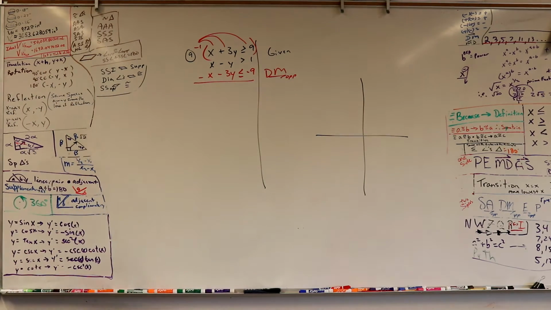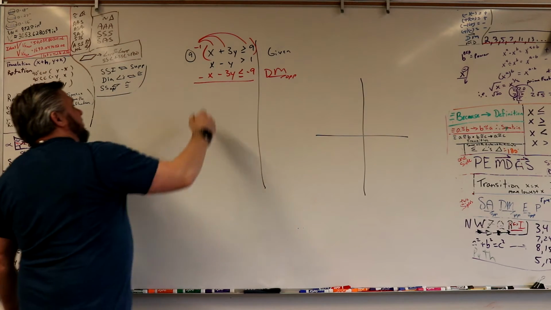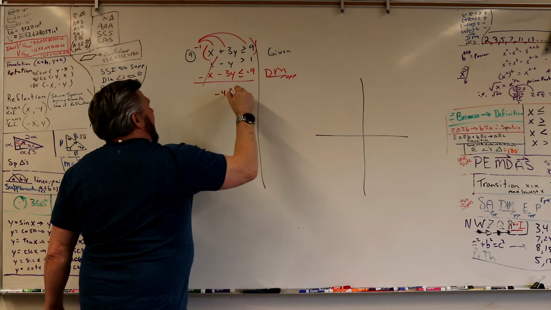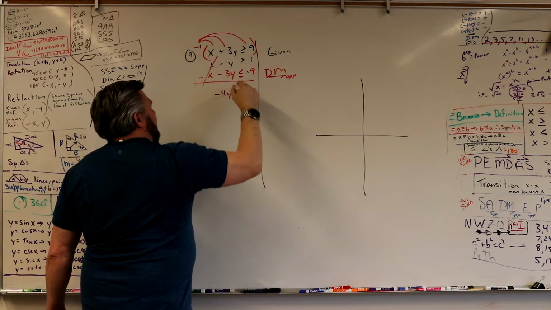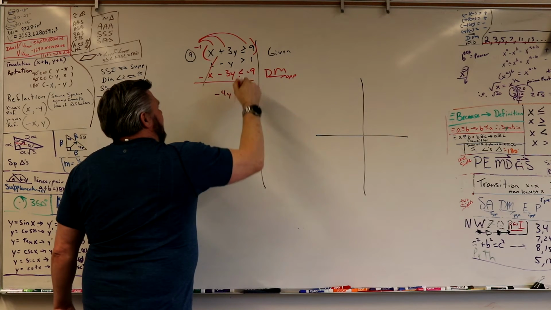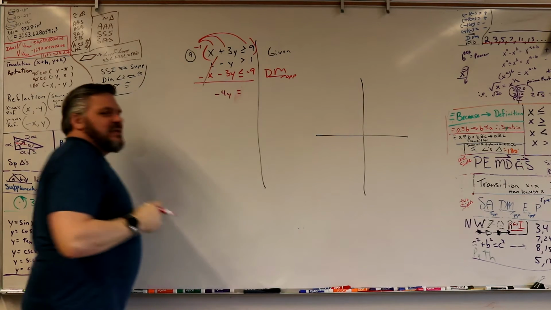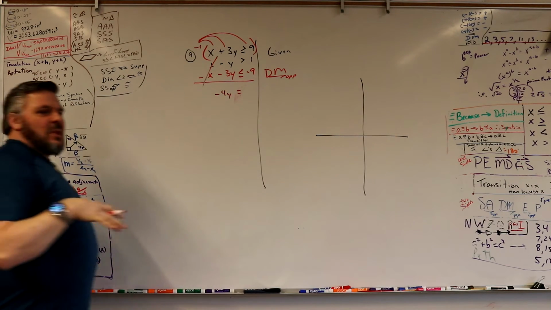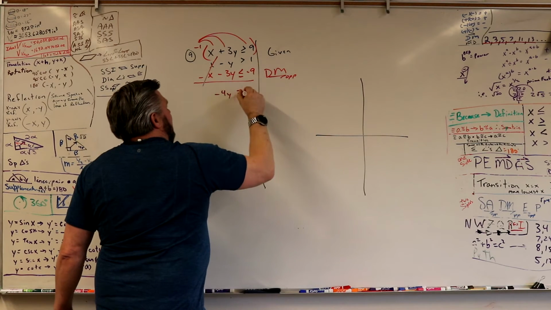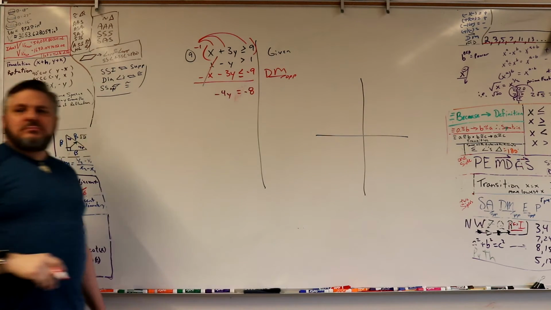And then I add these two equations up, the x's cancel, and I get negative 4y. And then this, it really doesn't matter because it doesn't happen anymore, so we're just going to call it equals. And then this becomes negative 8.